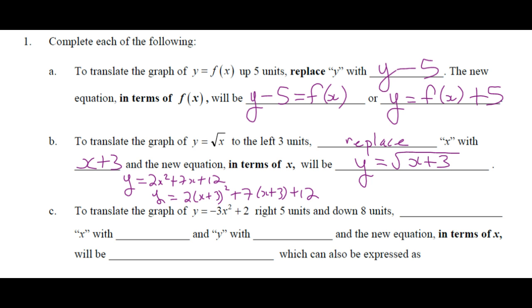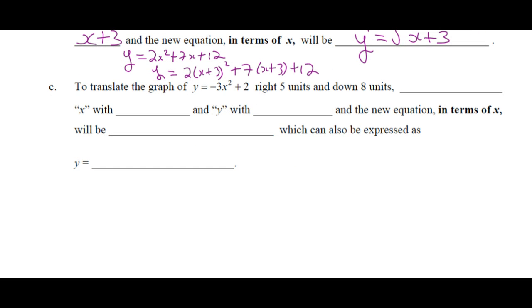So you could try it, if you're saying, I don't believe that. Then you could graph y equals 2x squared plus 7x plus 12, and then you could graph that, or you could expand it out and simplify it into one expression and graph it, and you would see, okay, it really did just move it left 3, right? It didn't change the size, it didn't change the shape, it simply translated it left 3. Okay, so if I'm replacing x, it's all x's, if that's the case.